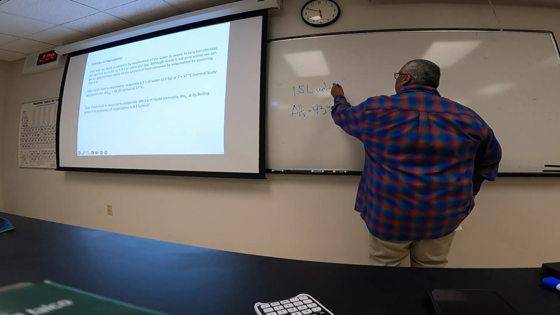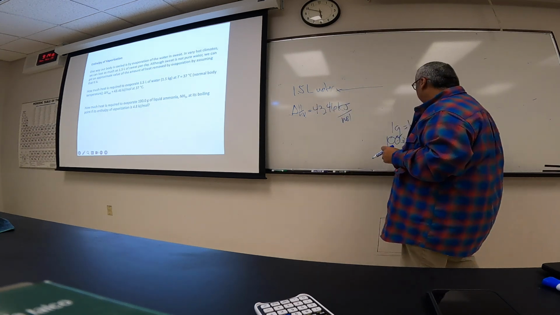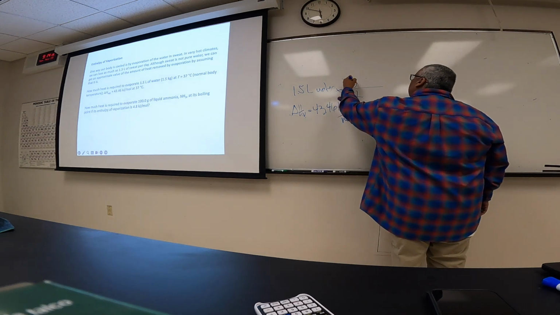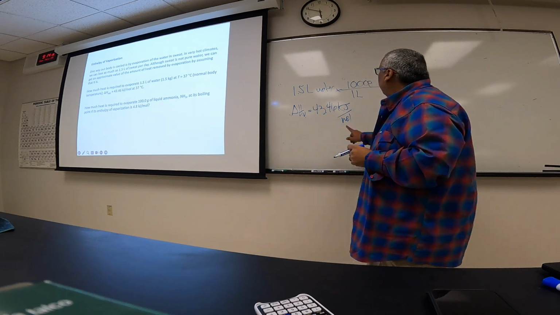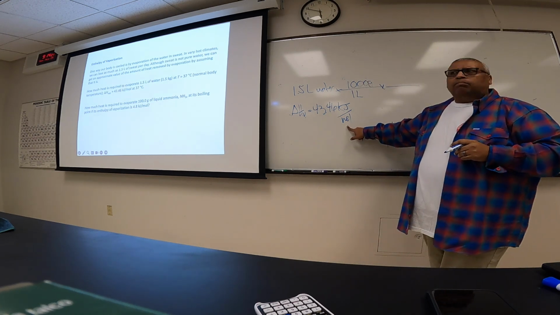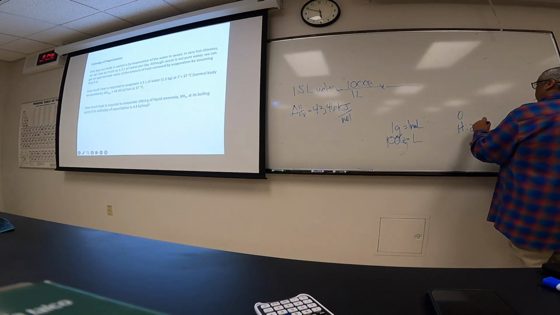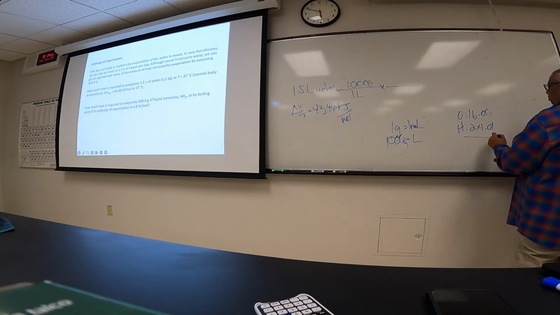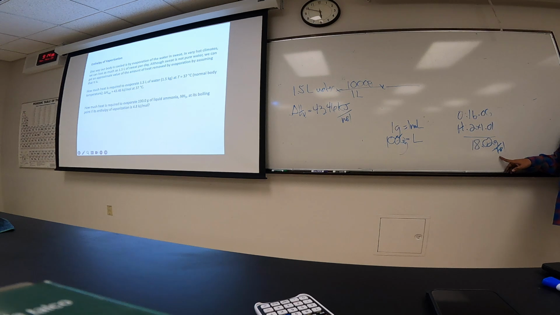So we can use that information here. So let's convert liters into grams by simply saying 1 liter is equal to 1,000 grams. And now because I need moles, well, water is 18.02 grams per mole.